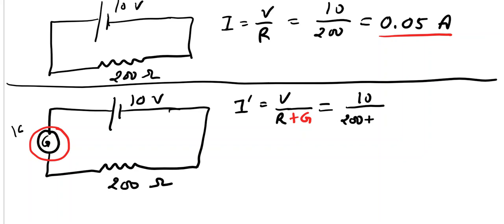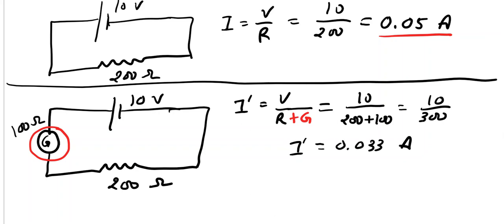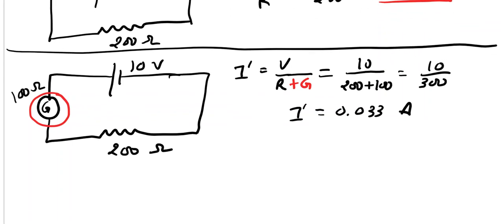Suppose if G in this case is considered to be 100 ohm, then it will be 10 by 300. What is 10 by 300? 0.033 ampere. And so what galvanometer will indicate is this number.